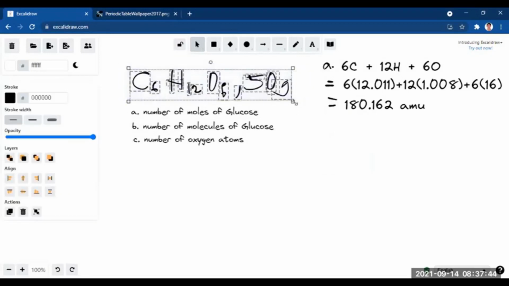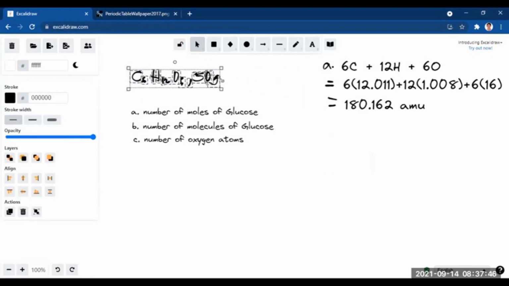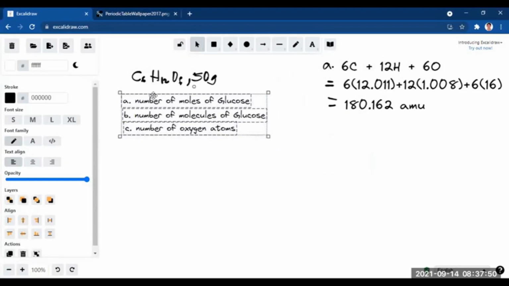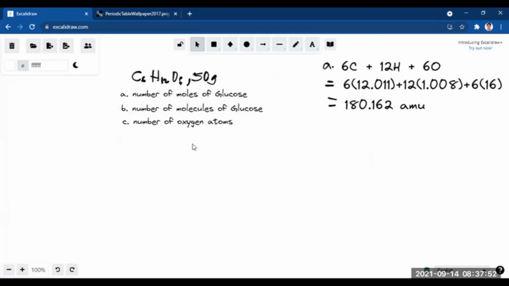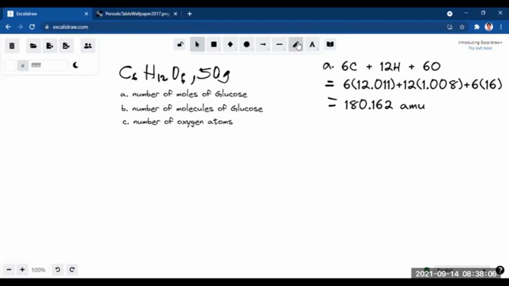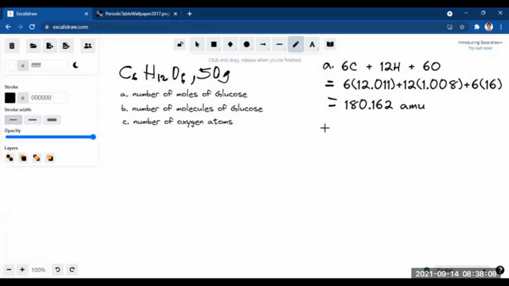Okay. So the next step is to solve for the number of moles of glucose. So for the number of moles, you are given the mass. You are given the mass, which is 50 grams, just like our example earlier.